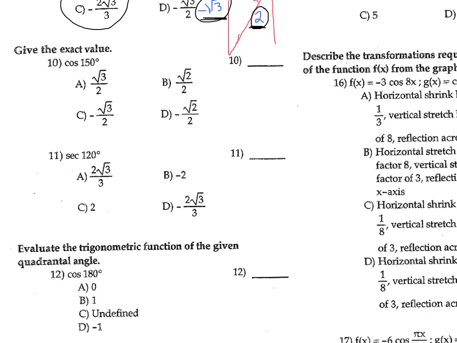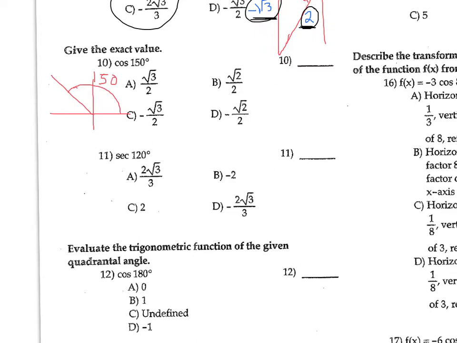What about cosine of 150? Who knows that value? What are the coordinates at 150 degrees? You mean negative square root of 3 over 2?